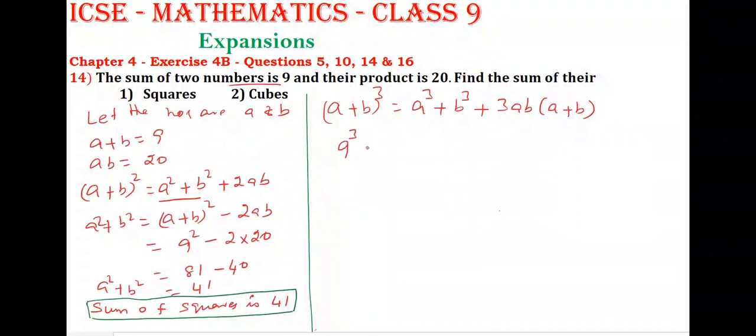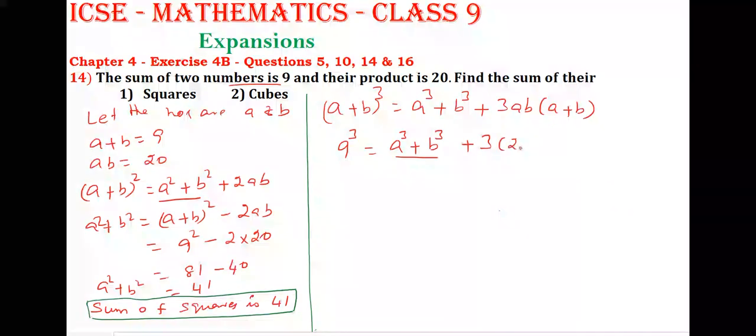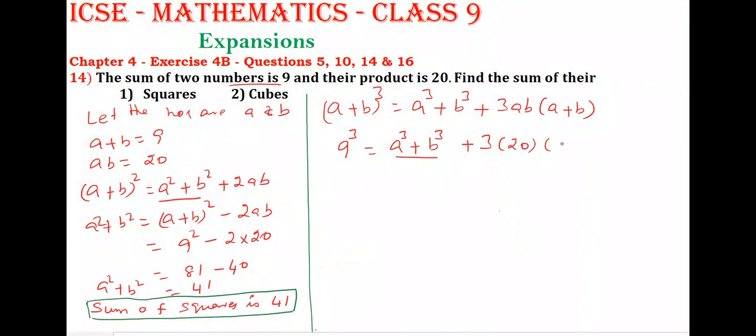So 9 cube equal to A cube plus B cube, this is what we need to find out, plus 3 into AB, product is 20 and sum is 9. So now A cube plus B cube we can keep one side and the others we can take the other side. So 9 into 9 into 9, 9 cube minus 3 into 20, it's 60 into 9.